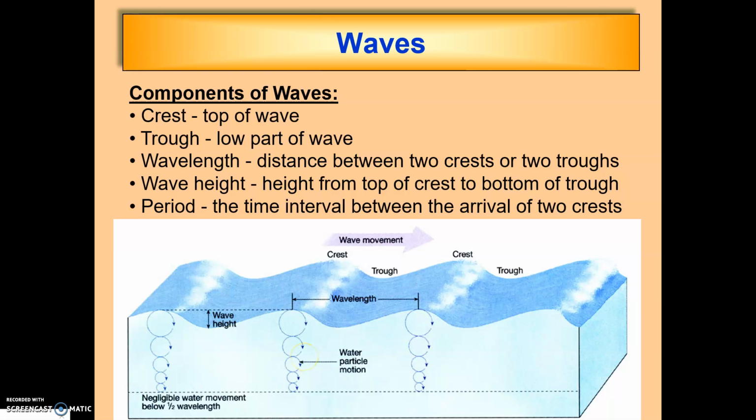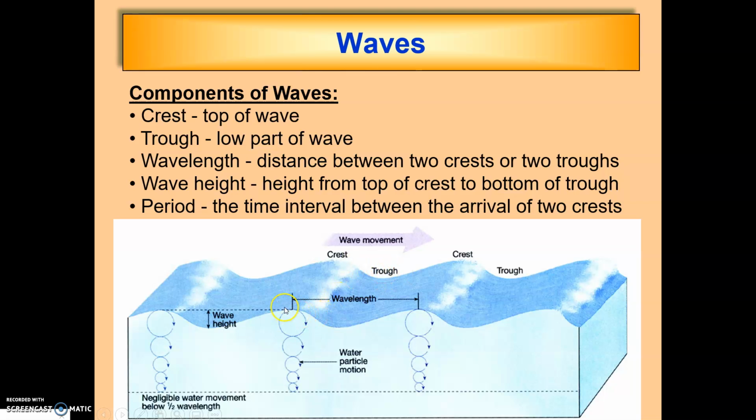So waves. I'm going to briefly talk about some of the features of waves and how they form. Here are the components of waves, where we have the crest, which is the top of the wave, and then the trough, which is the lower part of the wave.